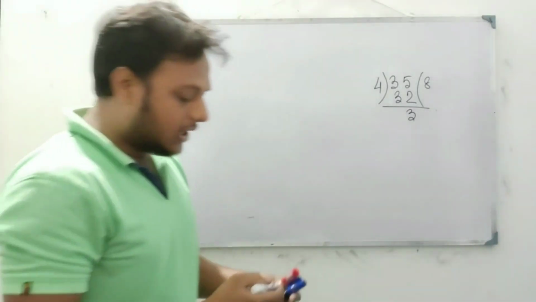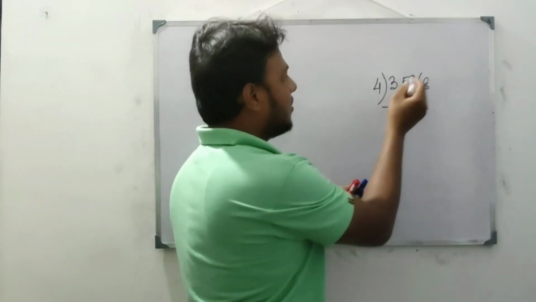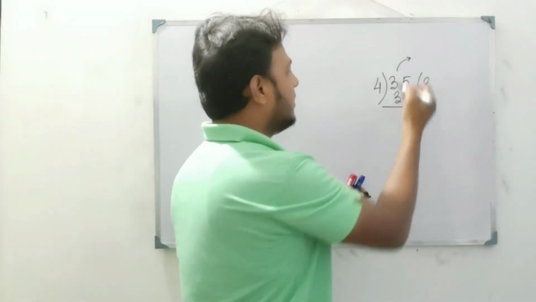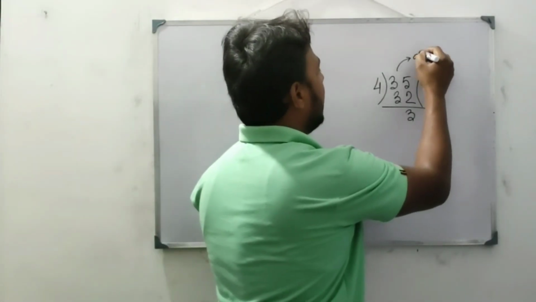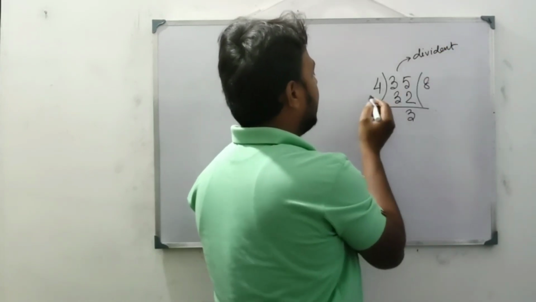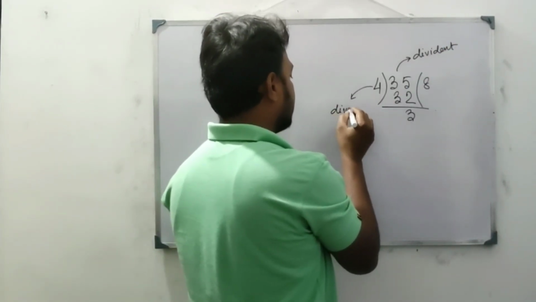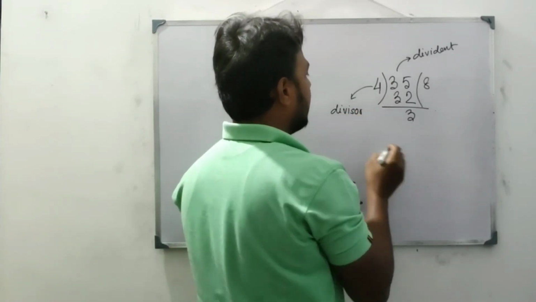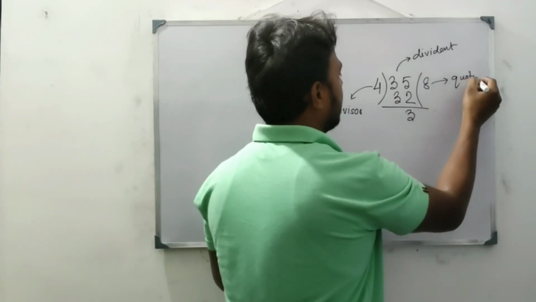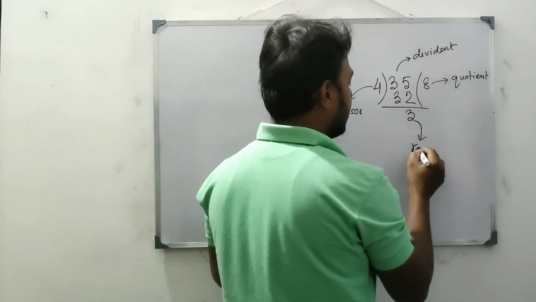Here, I hope all of you know, the number in this place is called the dividend, the number in this place is called the divisor, this is called the quotient, and this rest part is called the remainder.